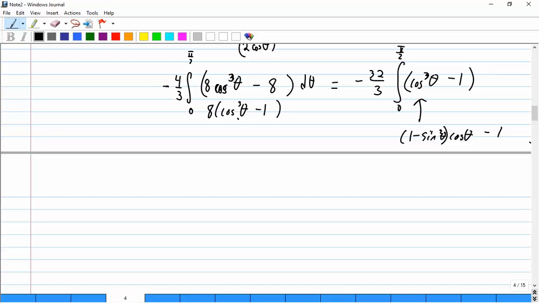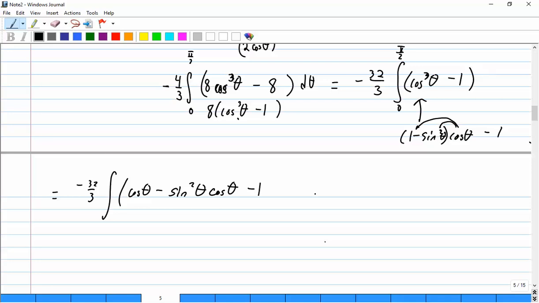Now you can distribute, and that's equal to negative 32 over 3 times the integral of cosine theta minus sine squared theta cosine theta minus 1.